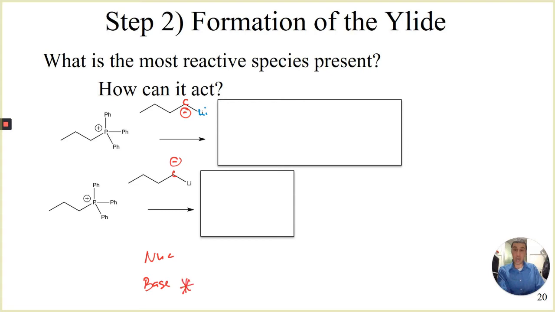The base is going to be the best option, and that's because the base can react readily, or more easily, because it's reacting on the outside of the structure with the hydrogens. The nucleophile characteristic is a little bit slower because it has to get to the inside. If we have a very reactive negative in this case, it's probably going to act as a base preferentially.